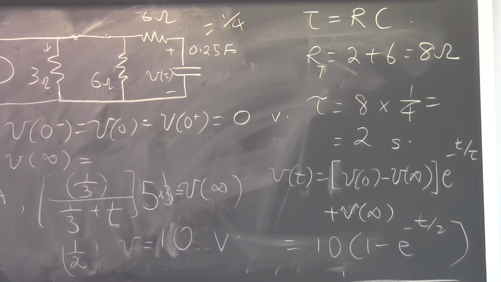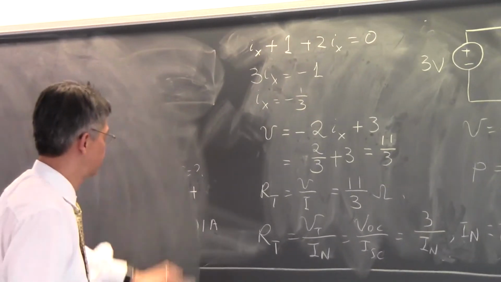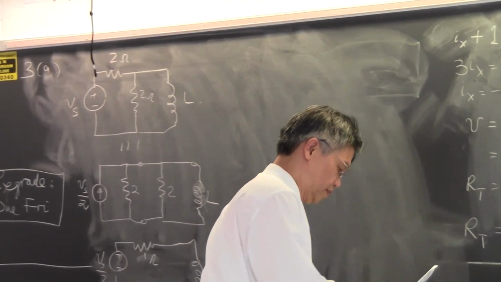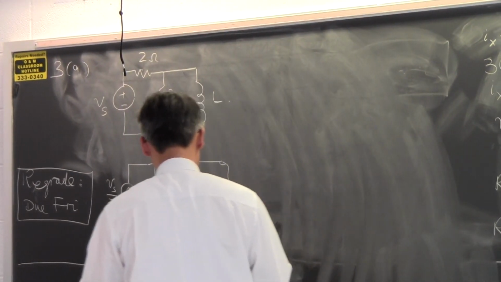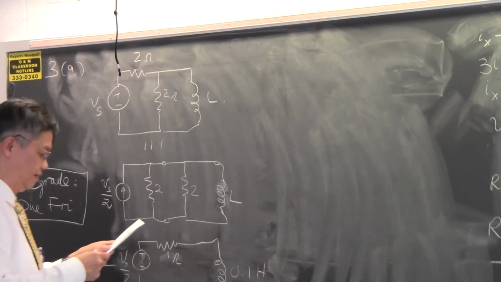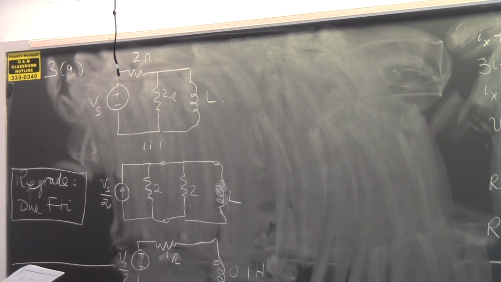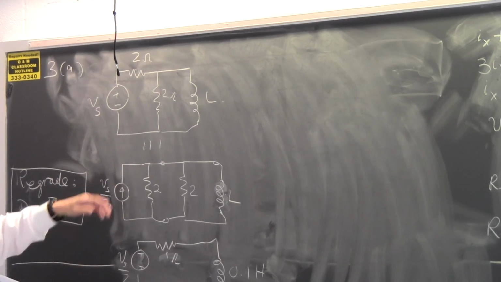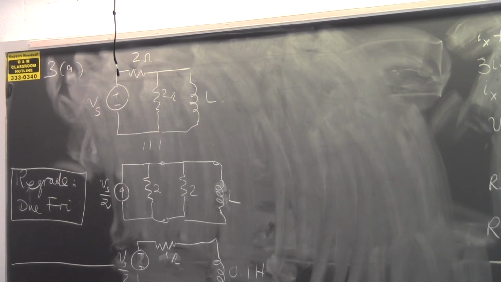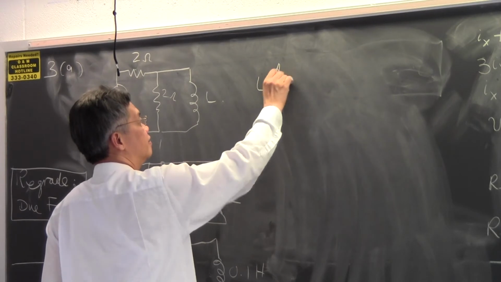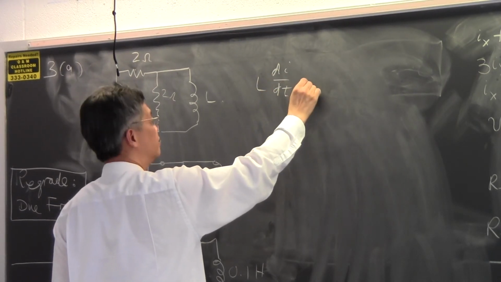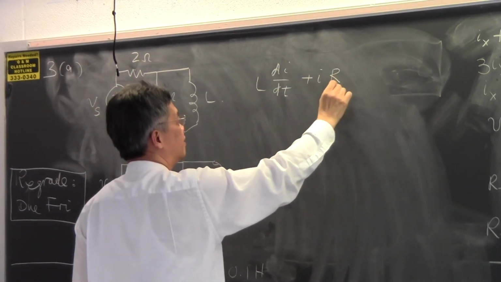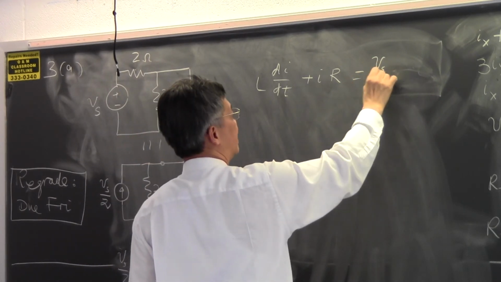Now write down the ODE for this system. You can memorize it from the textbook, or you can derive it using KVL. L di/dt plus IR must be equal to Vs over 2.